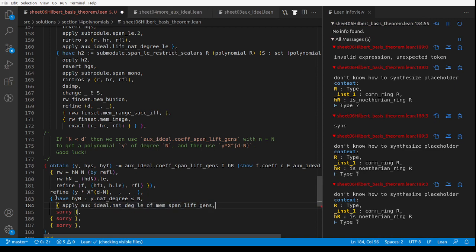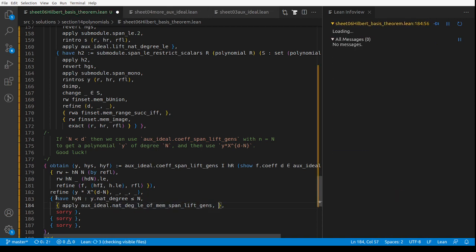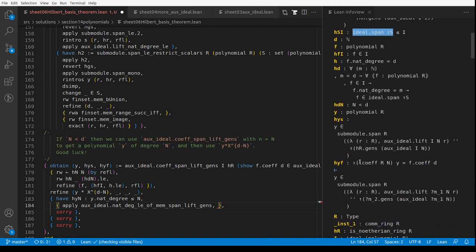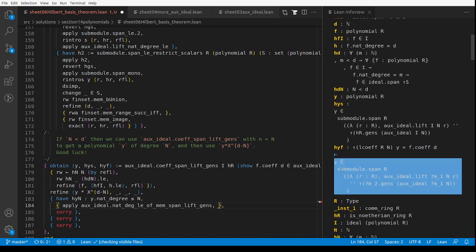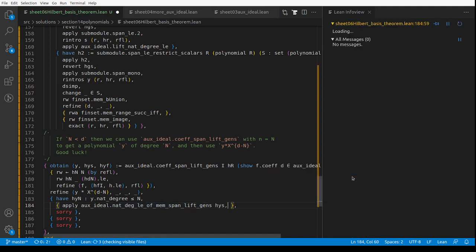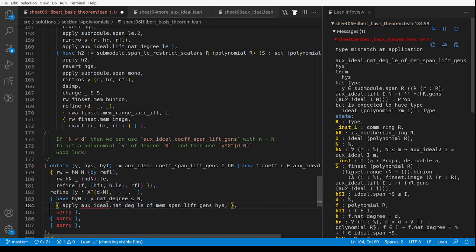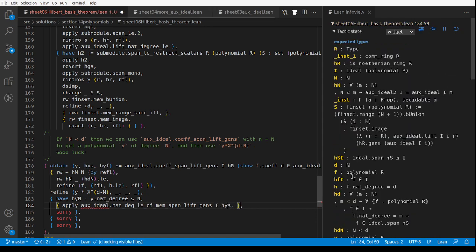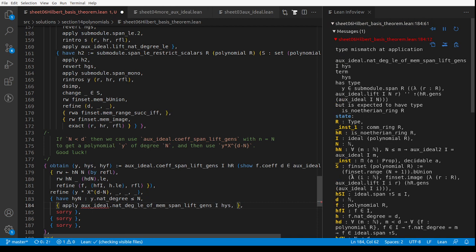And now let's see what I've got. After applying it, I have far too many goals. So this is hys, so let me put hys there. And now does that solve it? How annoying. It wants an ideal, so I'll give it I. And now it's still complaining.